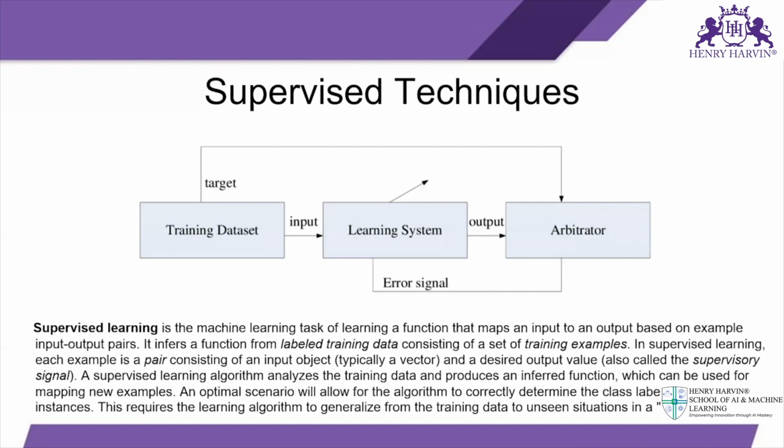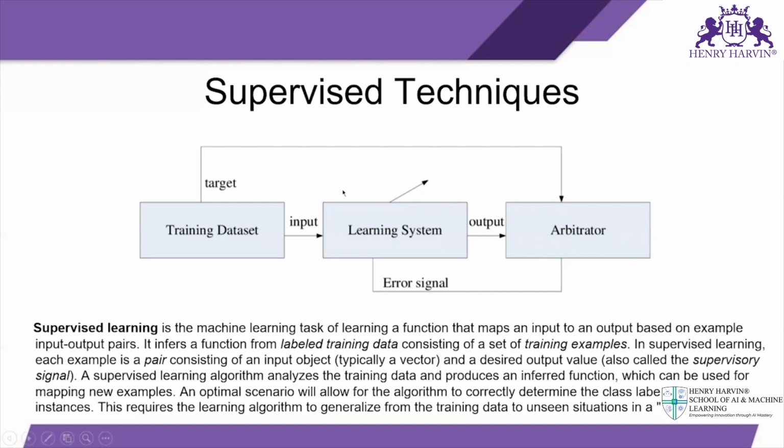Then comes the supervised technique, which is a smaller circle than machine learning, and it is a part of machine learning where you apply this supervised technique. Along with supervised techniques there are so many parts. We will talk about those parts later on. So now let's talk about supervised techniques.